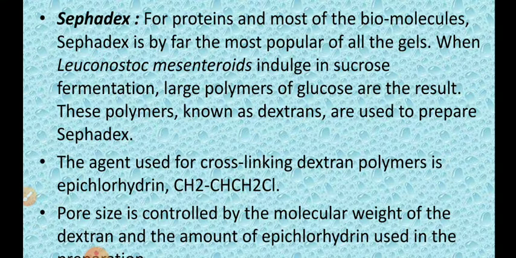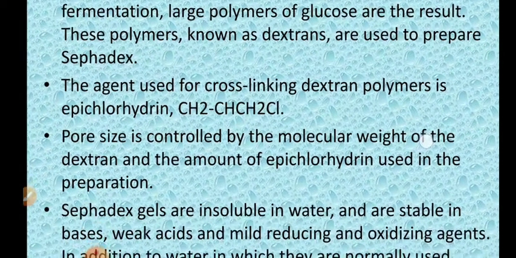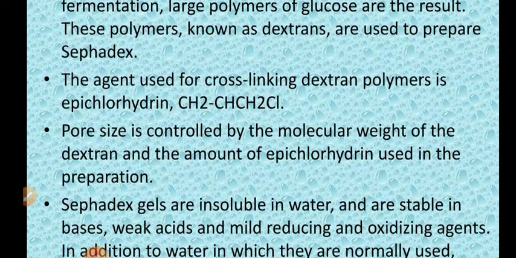These polymers, known as dextrans, are used to prepare Sephadex. These dextran molecules are cross-linked by using a chemical agent like epichlorohydrin. So, epichlorohydrin is used to perform cross-linking of dextran to form Sephadex.